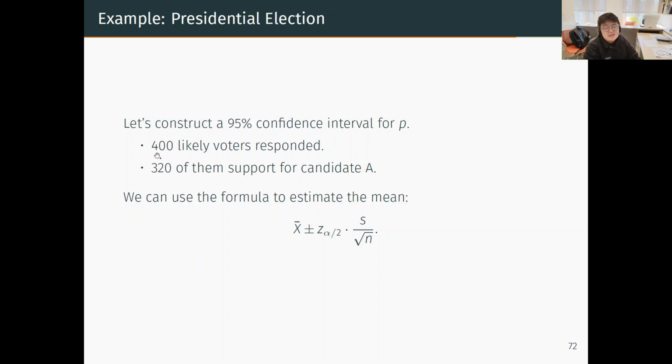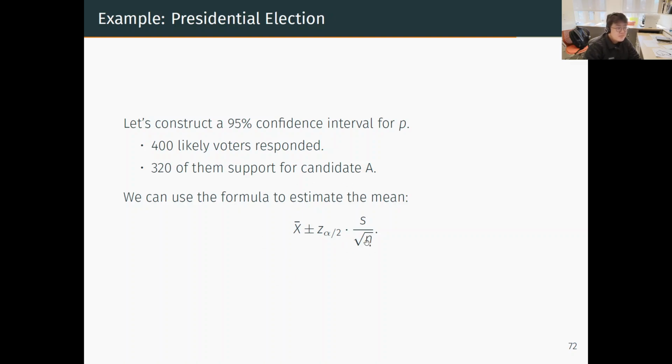I surveyed 400 likely voters, and I found that 320 of them support that candidate. So 320 said yes, they are successes. Based on these data, let's calculate the confidence interval using this formula for the mean.